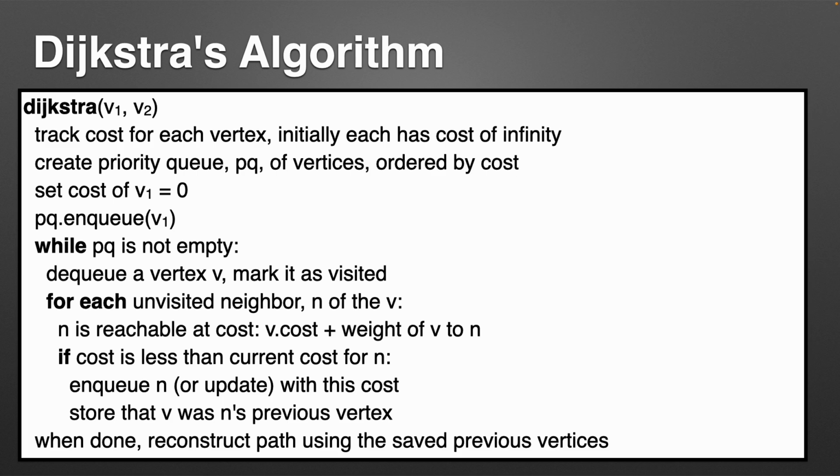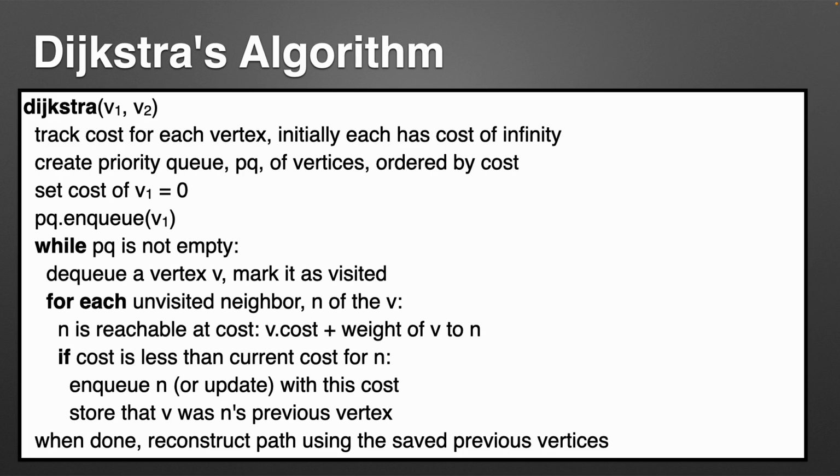Initially, we set the cost of our starting point to 0 and put it in our queue. Then we process the queue continuously. It's important to remember it is a priority queue, so it maintains a sorted order. In our loop, we take whatever the minimum vertex is, mark it as visited, and then for each of its unvisited neighbors, we compute the cost of going from it to its neighbor.